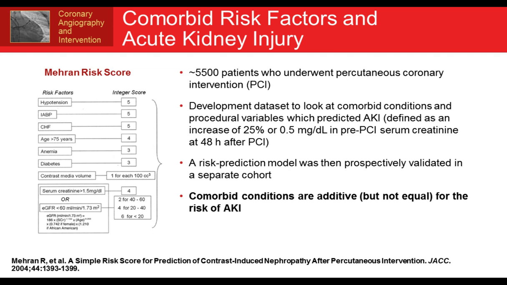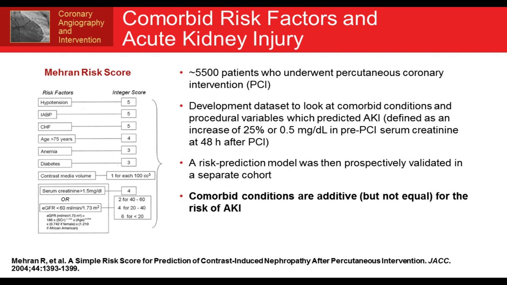And at that time, they defined it as a 25% increase in serum creatinine, or 0.5 milligram per deciliter absolute rise at 48 hours after PCI. Once they developed the risk factors that predicted AKI, then they prospectively validated it in a separate cohort.